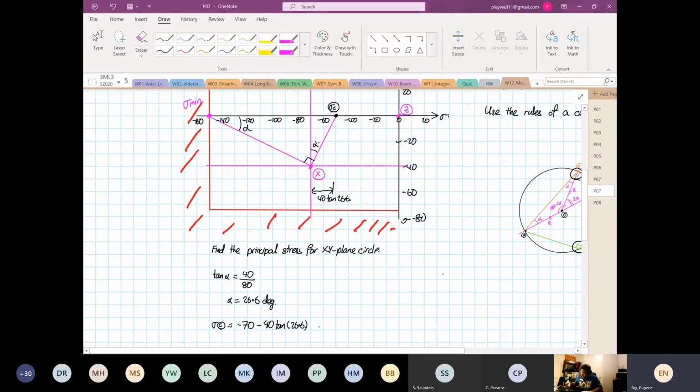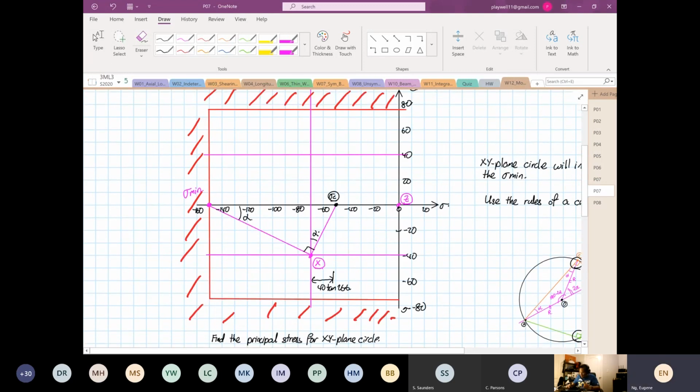If we sketch it, it's at 50, so if we calculate correctly it should also be 50. Tangent 26.6 times 40. Sorry, this is plus, I do apologize, it's going towards the left hand side. So minus 70 plus 20, this is equal to minus 50, which is correct. So this is my term.